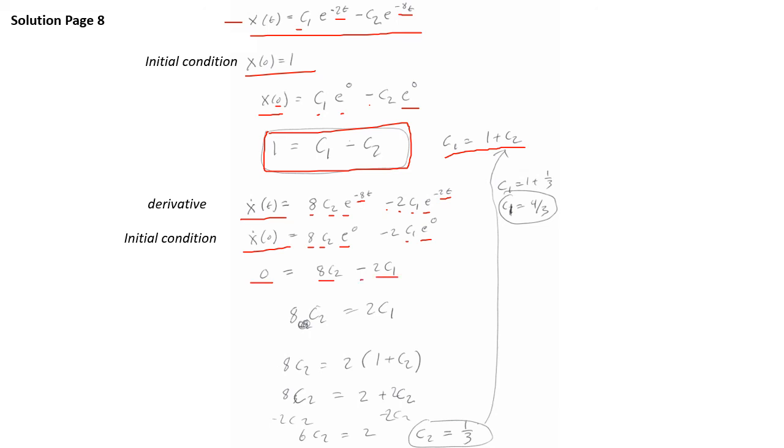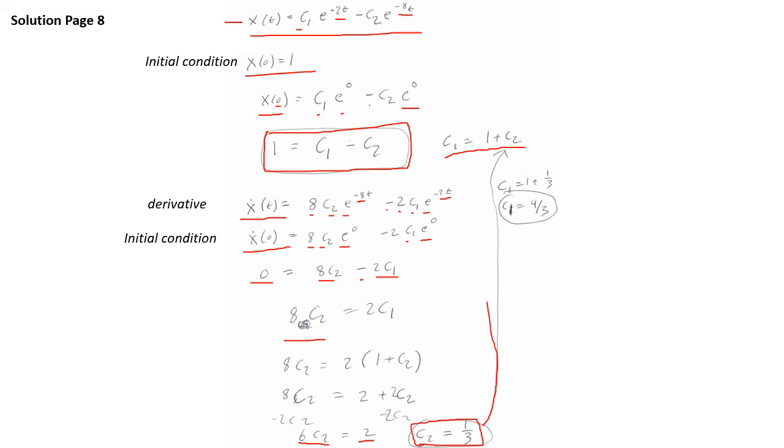We can rearrange this a little bit: 8 c2 is equal to 2 c1. Then we can rearrange it slightly more, and at the bottom here, 6 c2 is equal to 2, and c2 is equal to 1/3 once we solve for c2.